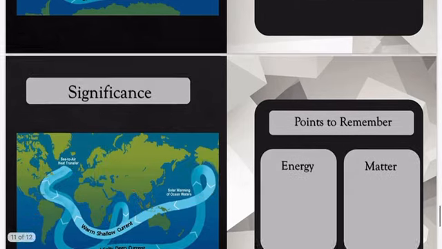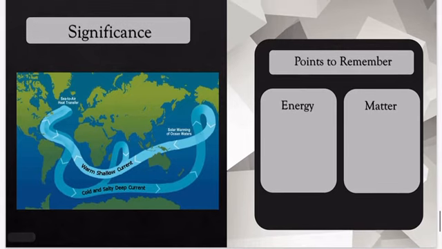Clear? Right. So moving to the last part of the discussion, we have the significance or role. So here basically we are going to talk about the environmental role of the thermohaline circulation. So basically it acts in two different fashions. One is redistribution of energy, another one is redistribution of matter. So here the energy is nothing but the heat energy, right?